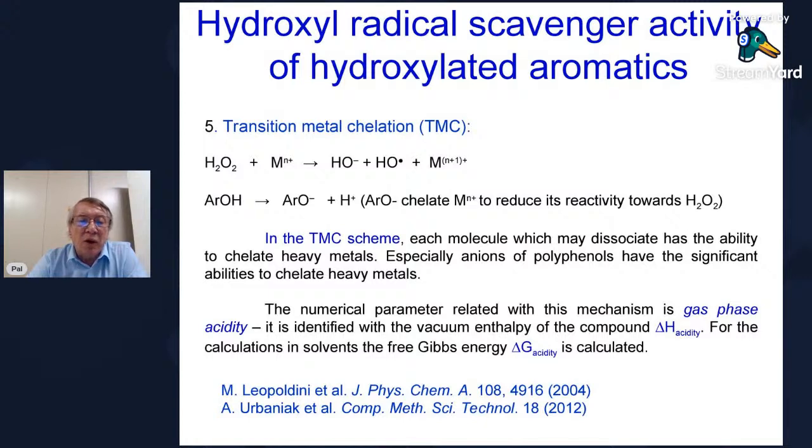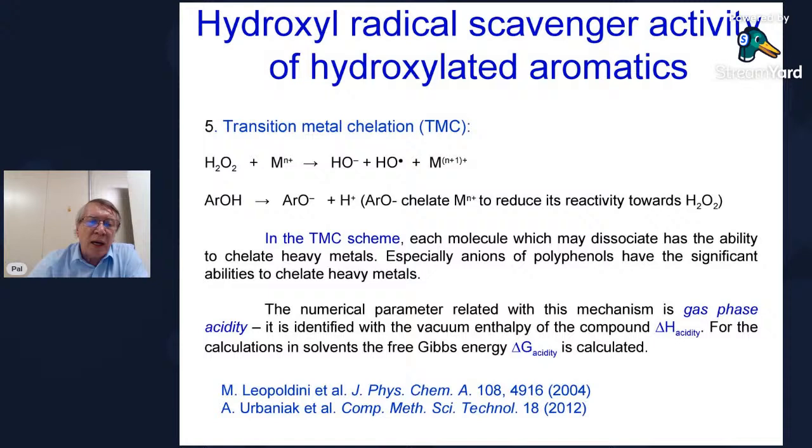The hydroxyl radical scavenger activity of hydroxylated aromatics is frequently manifested by means of complex formation, typically chelate complex formation of transition metals. Transition metals can form reversible redox systems under physiological conditions, and due to their redox properties, they can react with hydrogen peroxide, and in this reaction, which is frequently referred to as the Fenton reaction, hydroxyl radicals are formed.